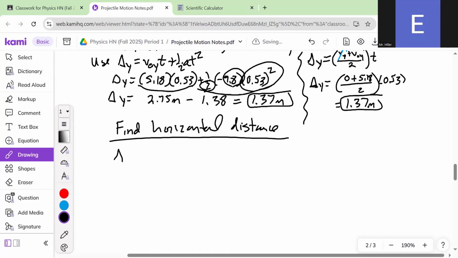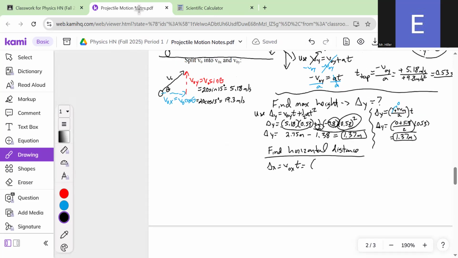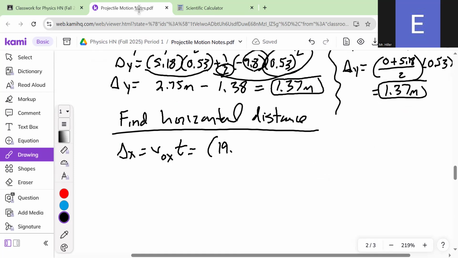To find the horizontal distance, delta x, we're just going to go V naught x times t. V naught x was 19.3, times that time through the air, 0.53.